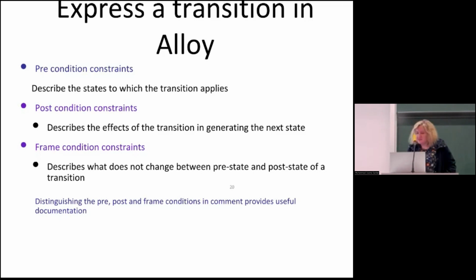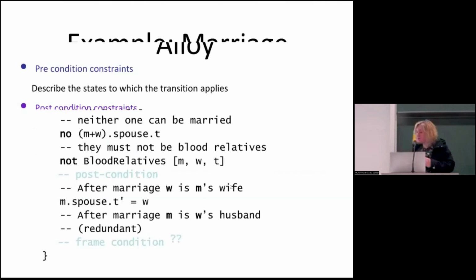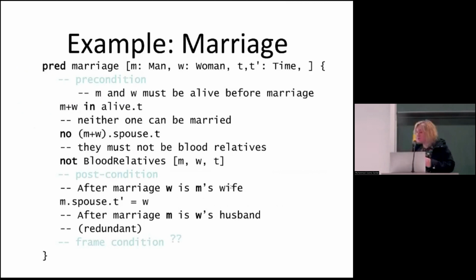I'll not talk to you about this example, but essentially, you have an example of what properties hold at what time. And if you have an intuition about these properties, then you can separate them, you can identify what is precondition, what is post-condition, what is frame condition, and then you can use the law to make sure that it makes sense.